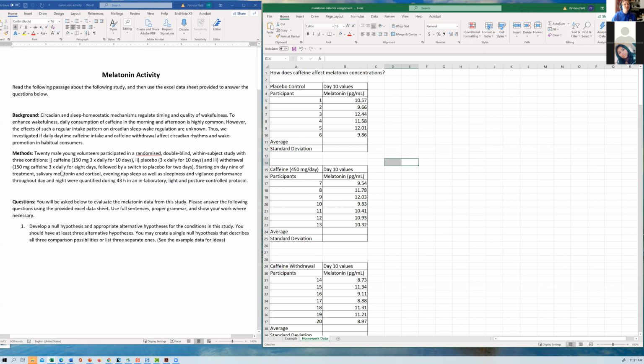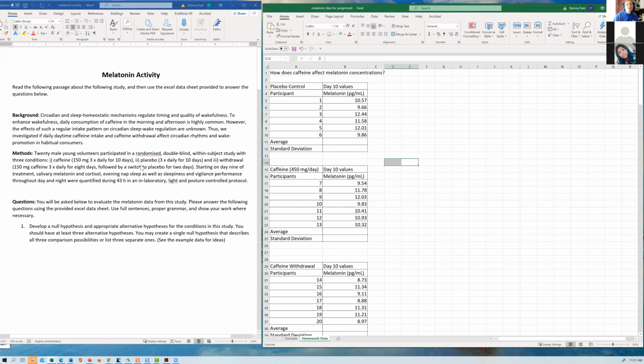So they are looking at their methods. They have 20 young male volunteers that participated in this randomized double-blind study. You can tell this was a study done in Europe. They swap out the S's for Z's in their version of the English language. They had three study conditions. People took caffeine pills, 150 milligrams, 3 times a day for 10 days.